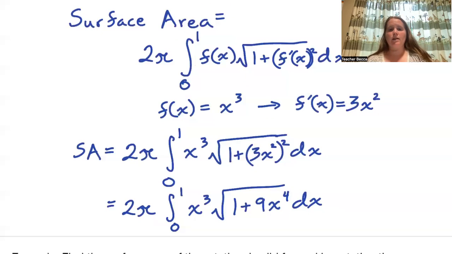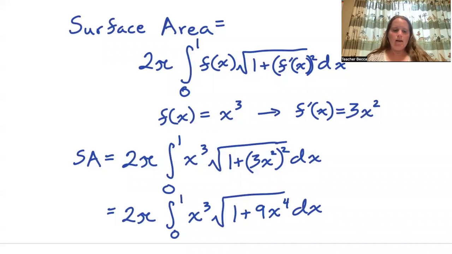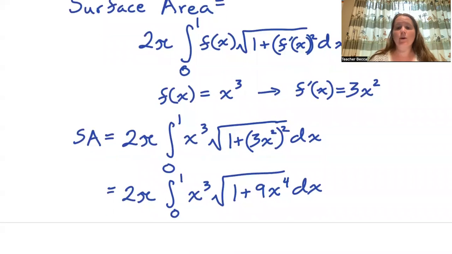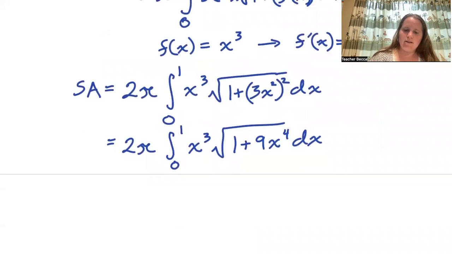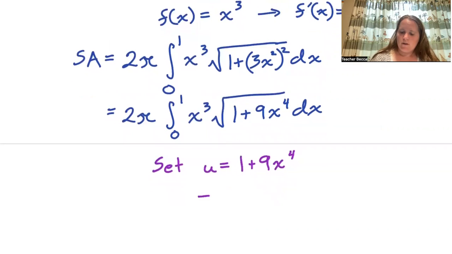Now note, this is actually set up perfectly for u substitution. If we set u equal to 1 plus 9x to the 4th, then we have our du is 36x cubed dx.